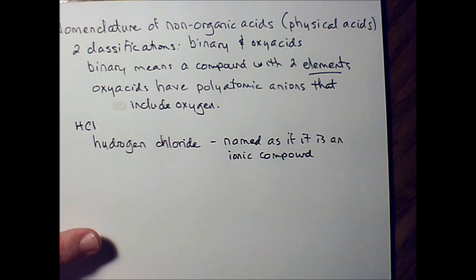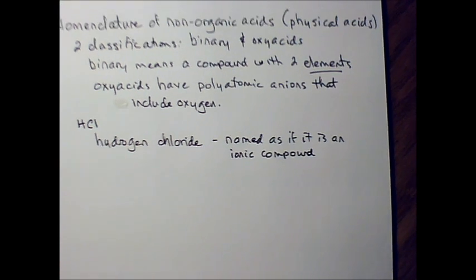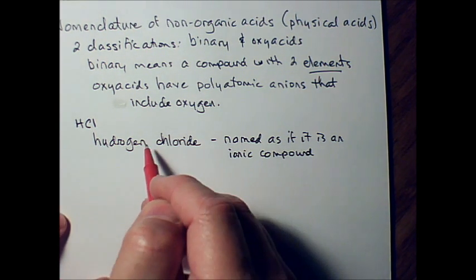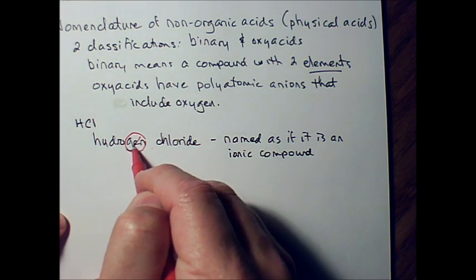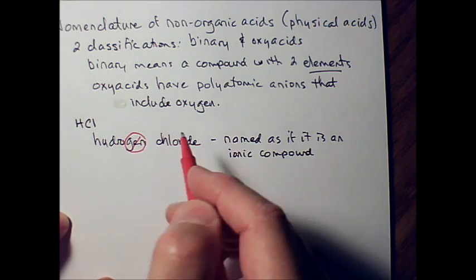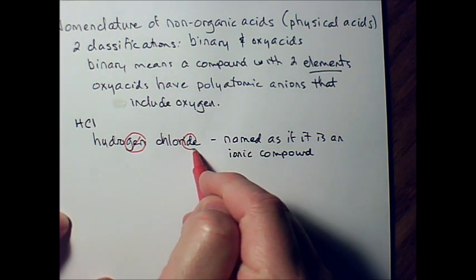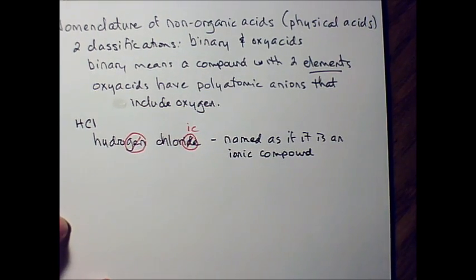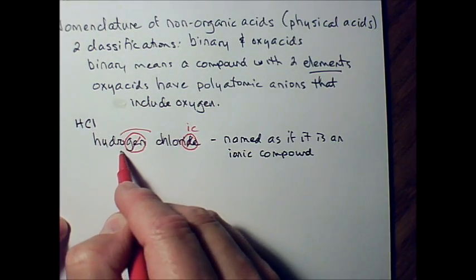Here's how we change this to be an acid name. We're going to change it from an ionic compound name to an acid name. We're going to drop the gen. We're going to change the IDE ending to an IC ending and put it all together.